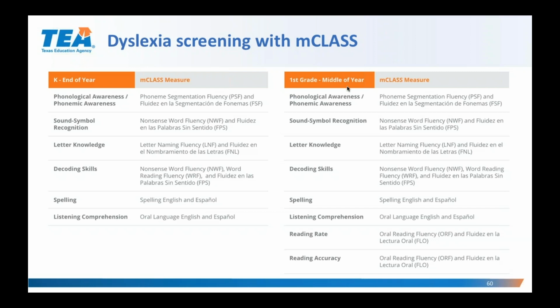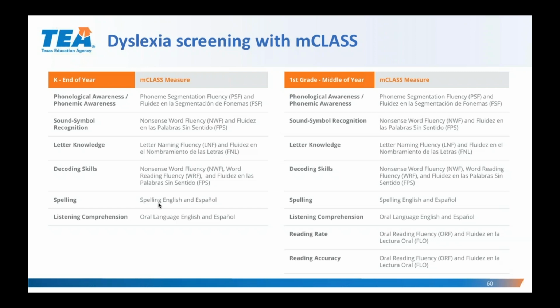And then the same with first grade, we have all of the measures that you need in order to fulfill these requirements. And as Alan mentioned, the scoring rules and practice opportunities, all of those are included in the online module. And you'll have access to that for the full academic year.